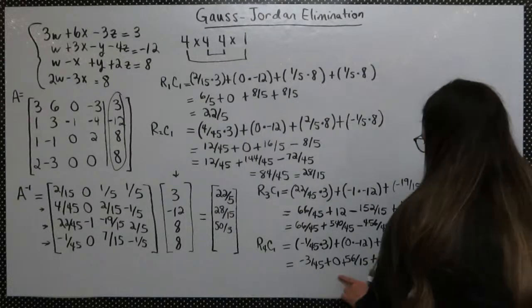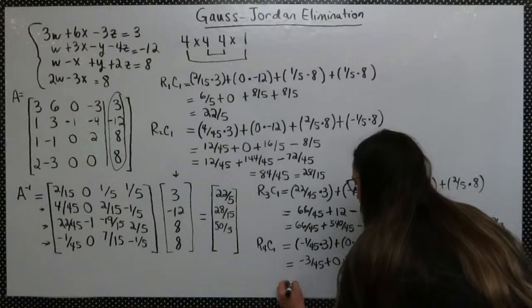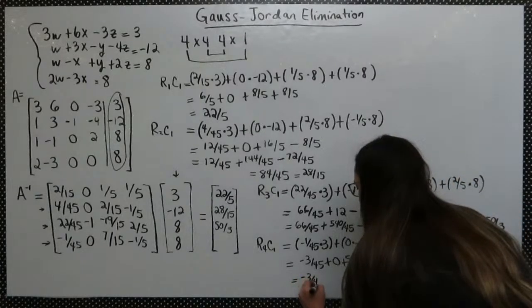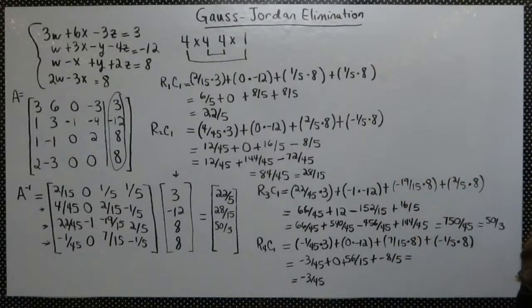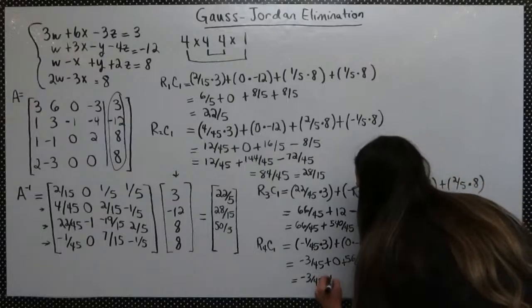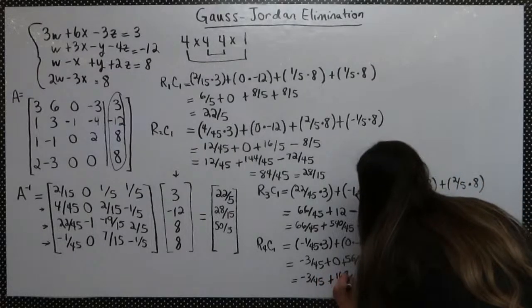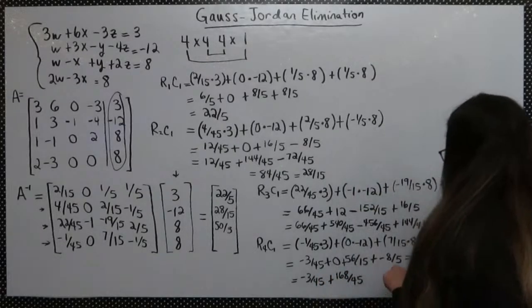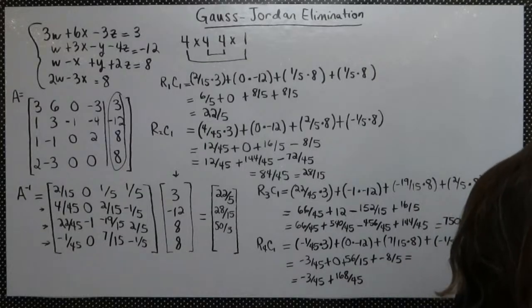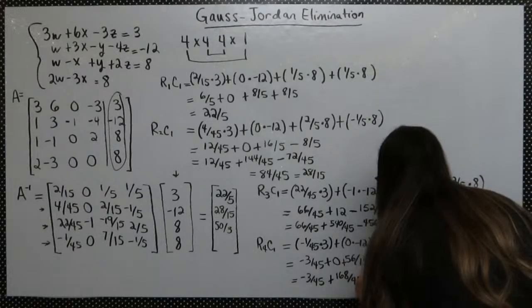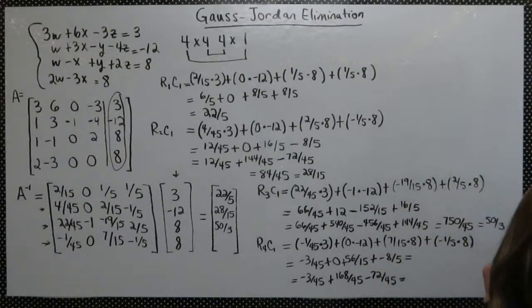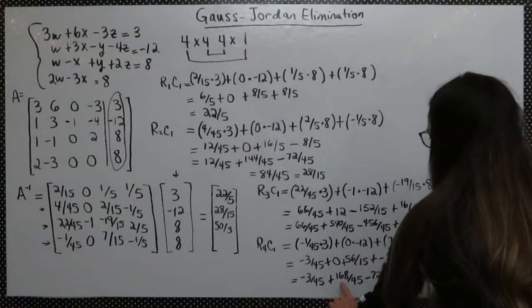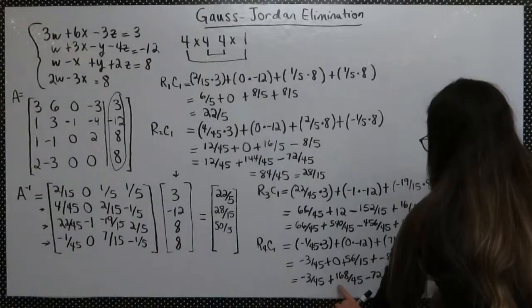All right, we're going to get a common denominator of 45 again. So this is negative 3 over 45. 56 times 3 is 168 over 45. And then 8 times 9 is 72, and 72 over 45. All right, so we've got 168 minus 75.